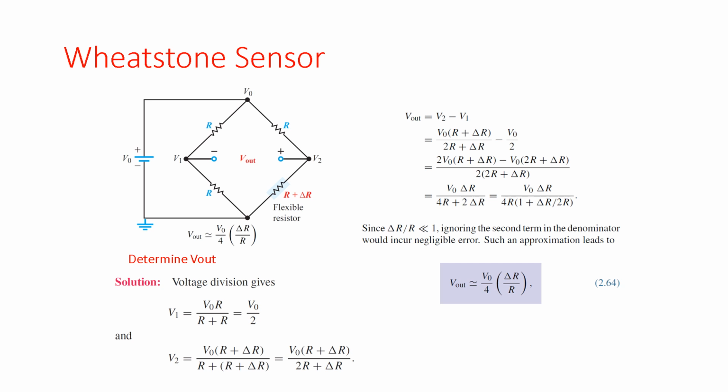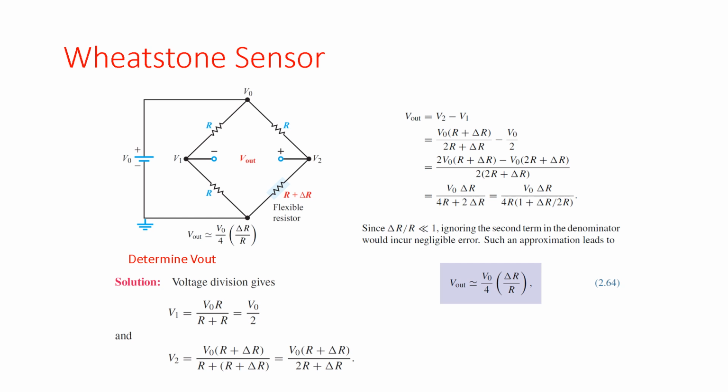And so if that flexible resistor, R plus delta R, goes up or down, you're going to change the balance in the system, and you're going to have a voltage either higher on V1 or higher on V2. And by solving that, you're able to determine what that R plus change in R is, or what the change in R is.